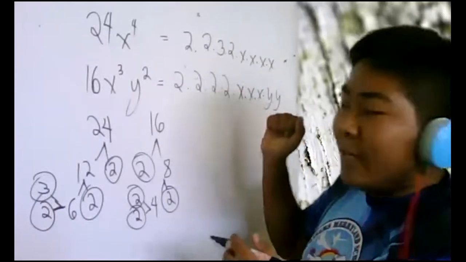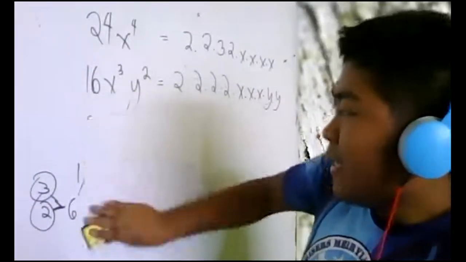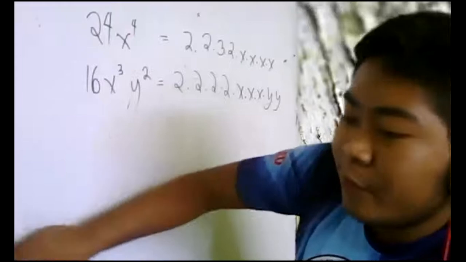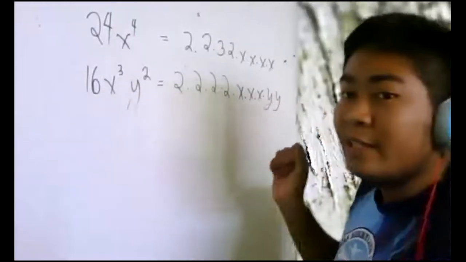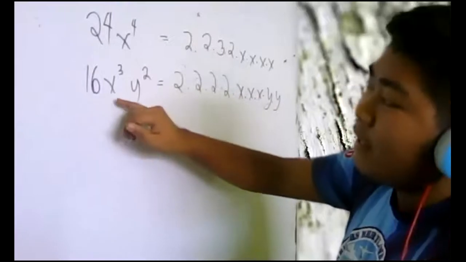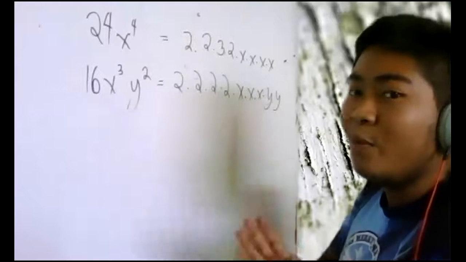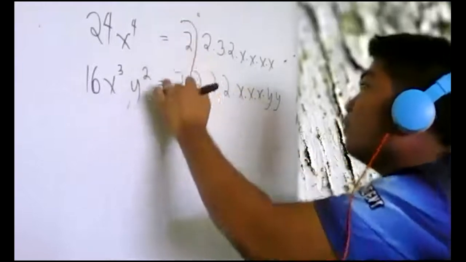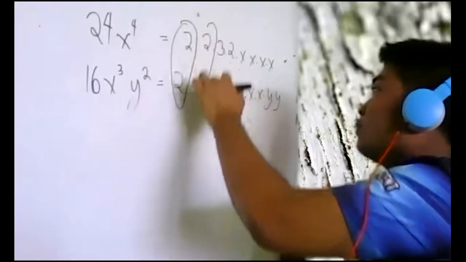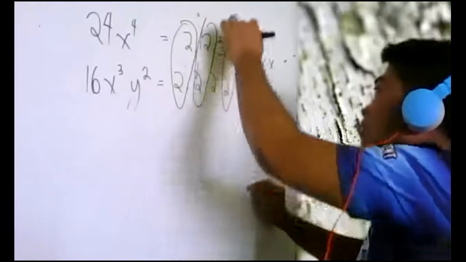Therefore, pagkatapos mong kunin yung factor niya, we can now get the GCF or the greatest common factor. So the greatest common factor of 24x raised to 4 and 16x cubed y squared is, so pagtapat-tapatin mo, kunin mo si 2, pwede ulit si 2, pwede ulit si 2.